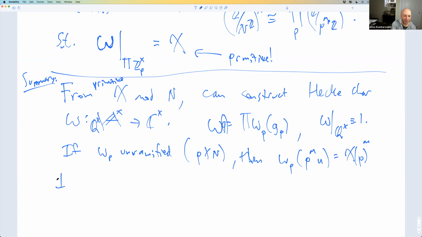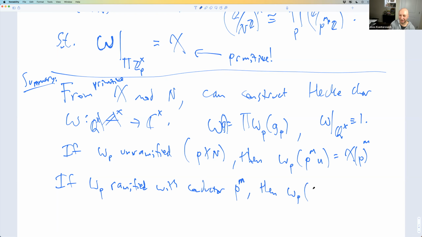Okay, and if omega is ramified, if omega p is ramified with conductor p to the m, then omega p of p to the m times a unit is again the value of the character on the unit when you think of the unit restricted to this.